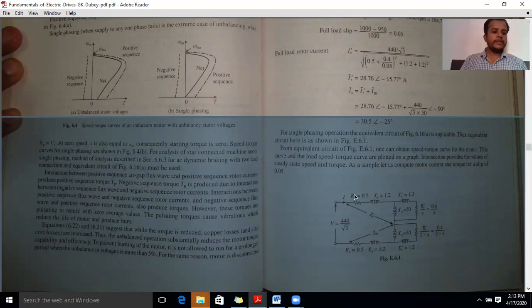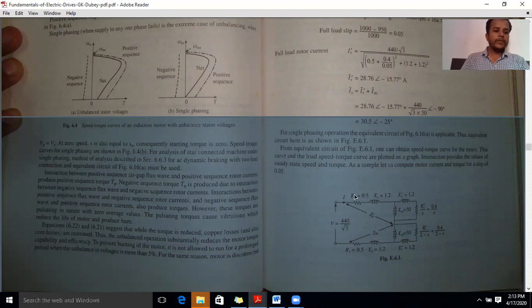The three phases of the induction motor are connected to the power supply. In the stator diagram, you can see that if out of three phases one phase is open circuited, then there will be single phasing.